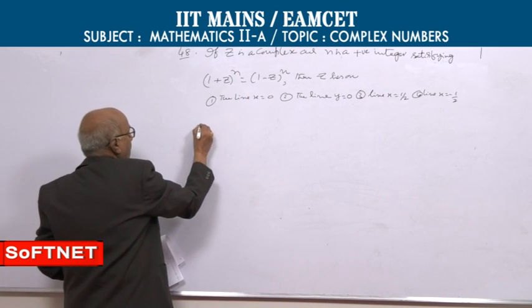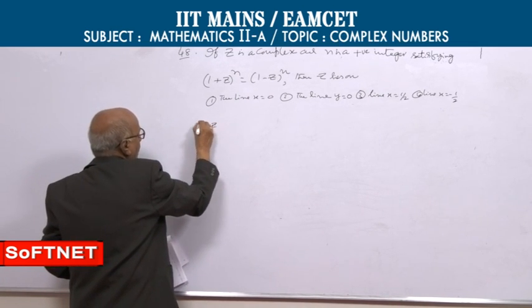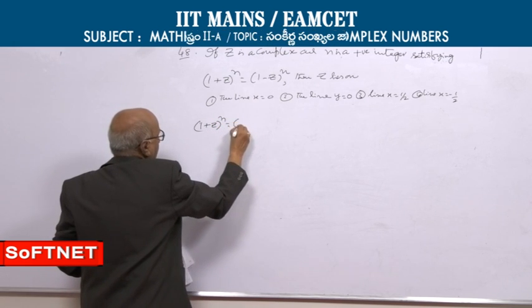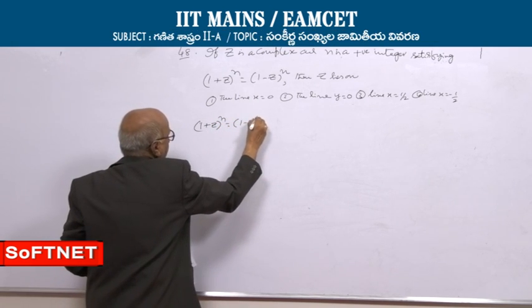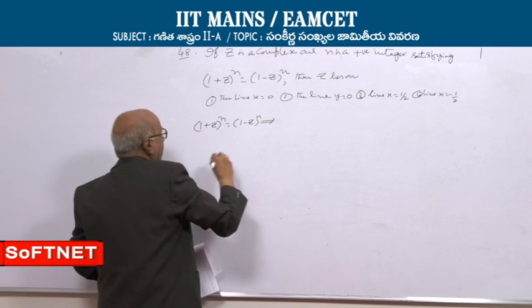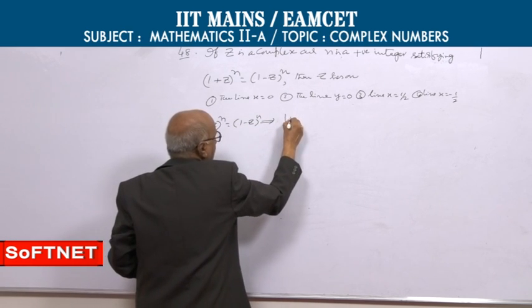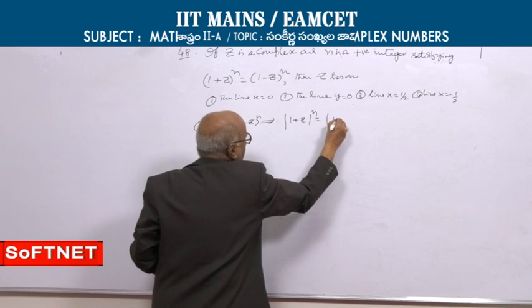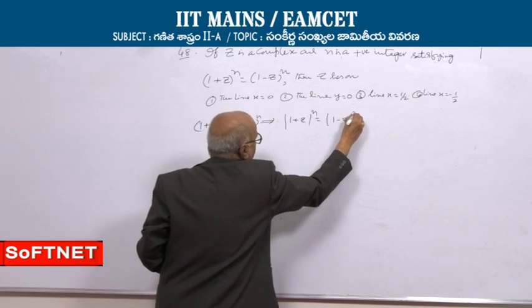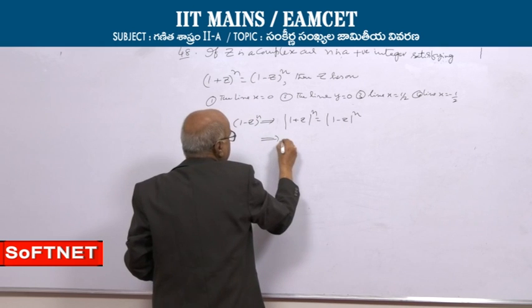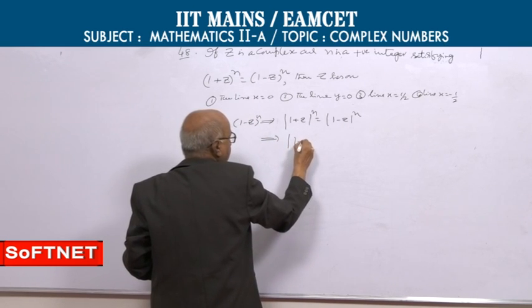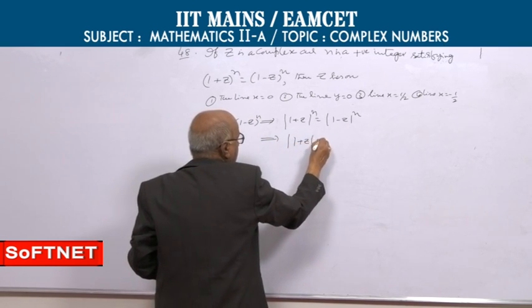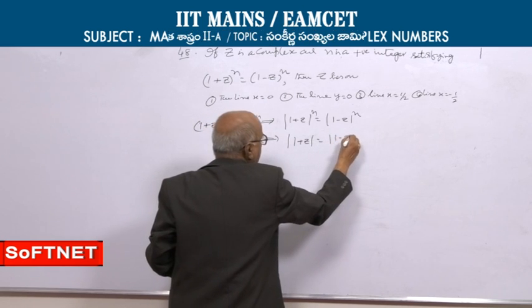Right. Now solution is (1 plus z) whole power n is equal to (1 minus z) whole power n implies modulus of (1 plus z) whole power n is equal to modulus of (1 minus z) whole power n. So that implies modulus of 1 plus z is equal to modulus of 1 minus z.